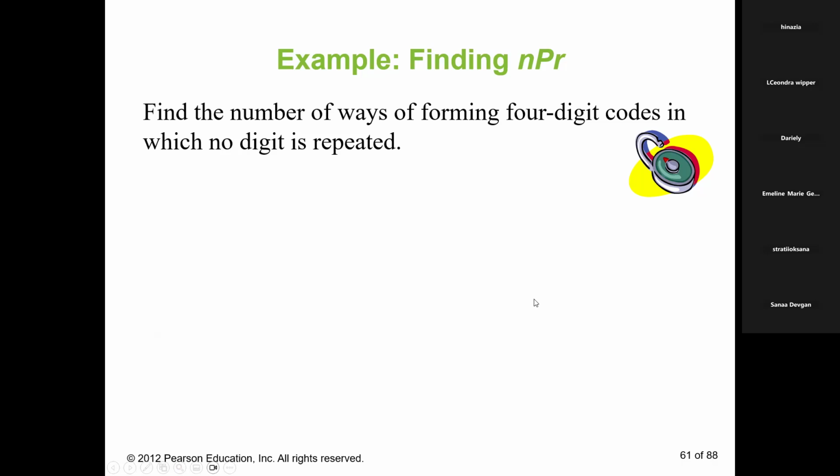So when you talk about a 4-digit code here, it can be 1, 3, 5, 7. It's a 4-digit code. Make sense? Because it said no digit is repeated. It can be 3, 0, 4, 5. Got it?